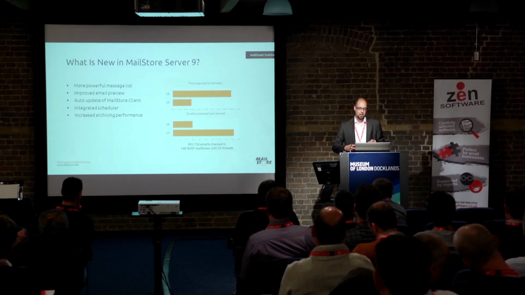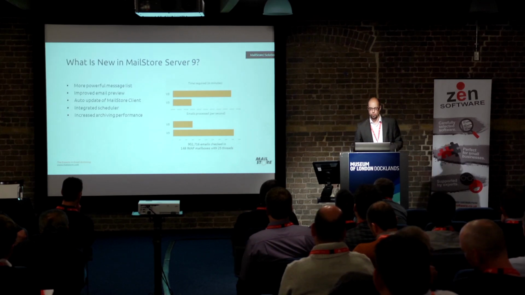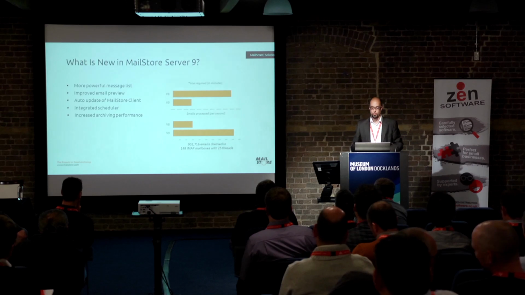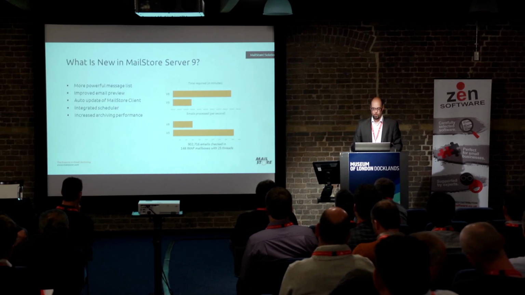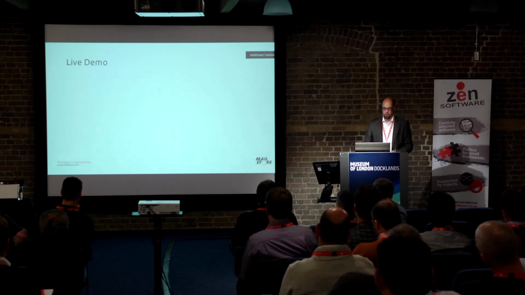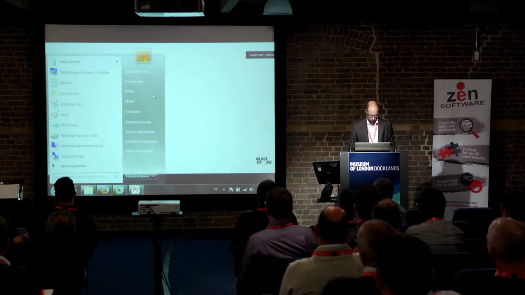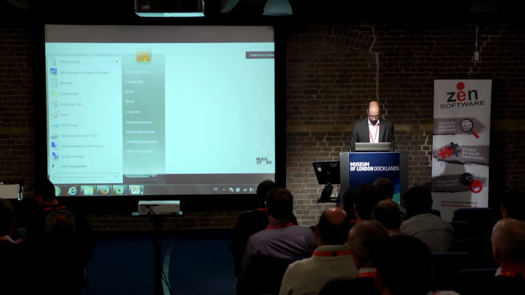With version 9.02, I think it was, we even improved the small things, and we got up to 2,100 emails per second that are now verified. So another good improvement. And of course, many more smaller features we improved. And yeah, maybe I can show you a quick live demo here. There's enough time left for that.